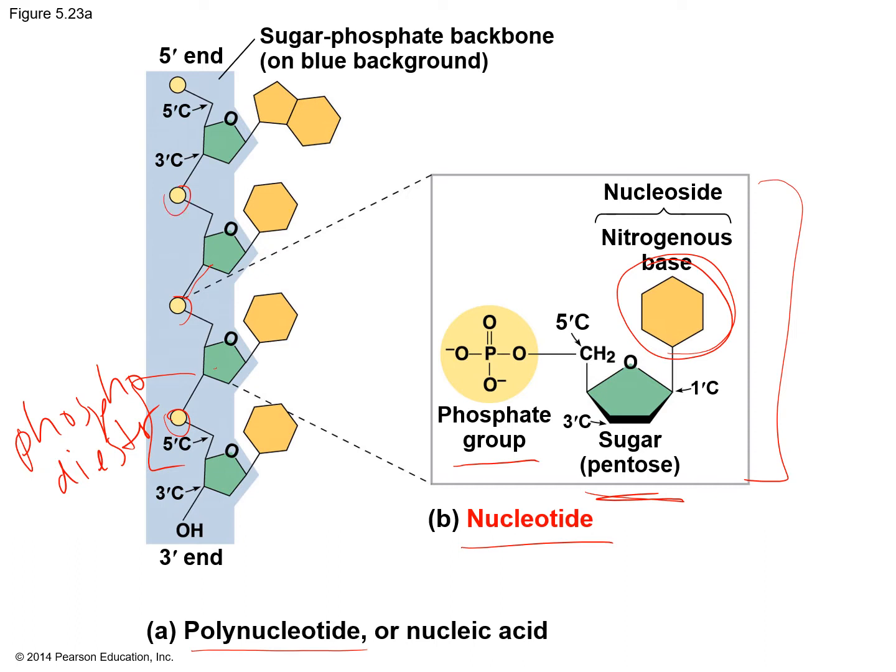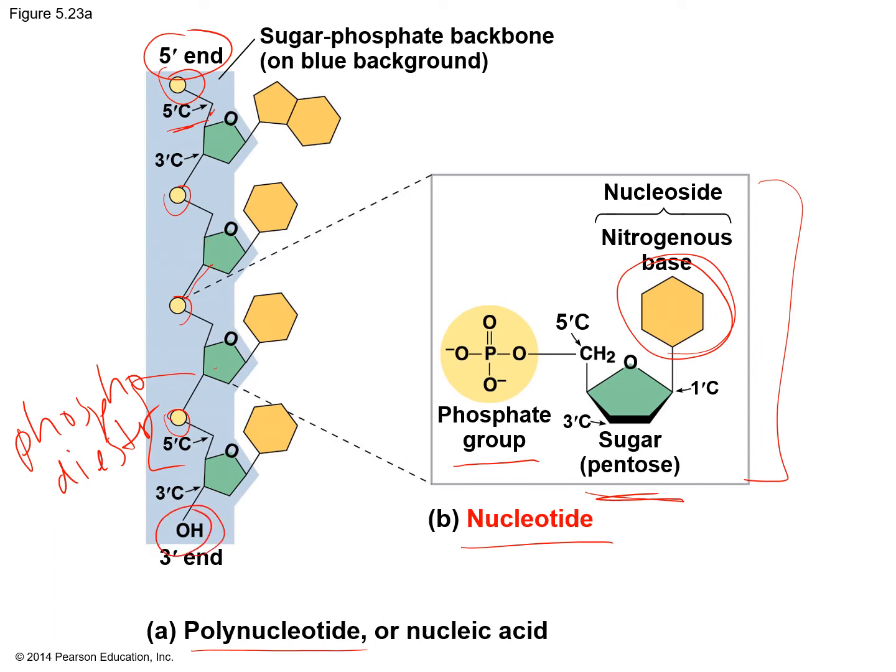So a strand of DNA or RNA has a distinct beginning end, that's a phosphate, that's attached to the 5' carbon of this sugar, so that's called the 5' end, and then you have the 3' carbon of the sugar attached to the next phosphate group, to the 5' carbon, to the 3' carbon, to the phosphate, and so on. And at the very end, where there's no sugar attached, is the 3' hydroxyl.